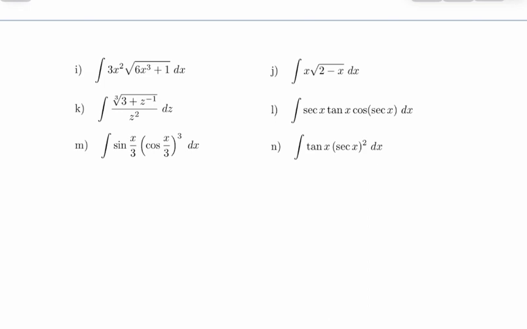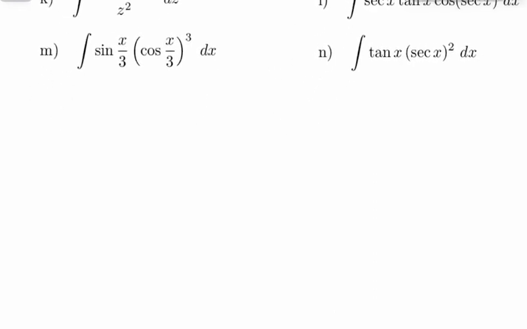Let's do M and N. Let's start with M. We have a cosine of x over 3 stuck inside of a cube. The derivative of a cosine is a sine, negative sign, you know, but I see that in the problem, so I think that's a really good choice for my u. It should work out okay.